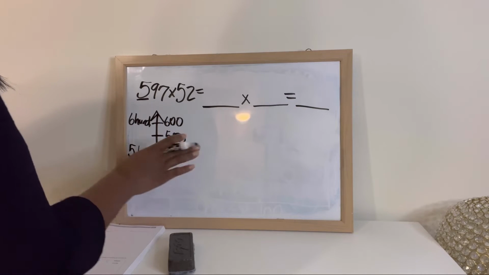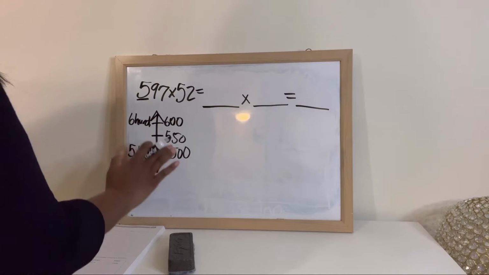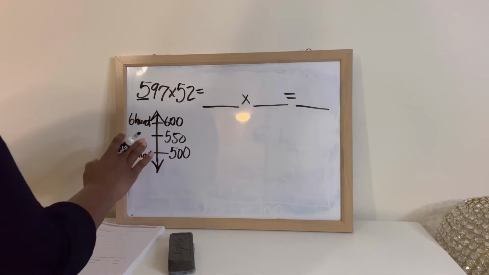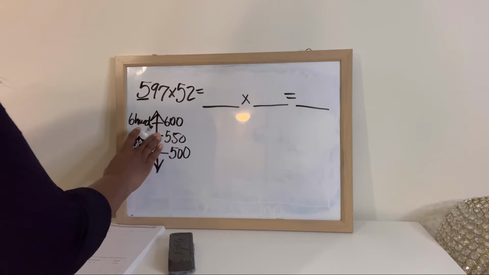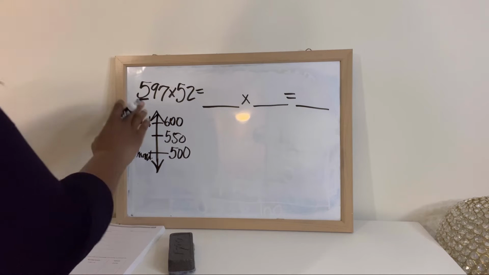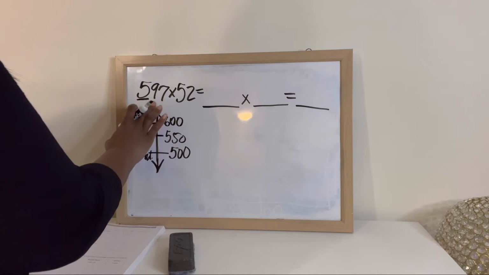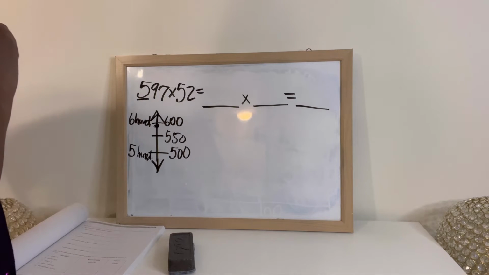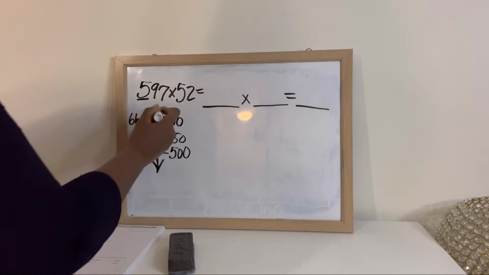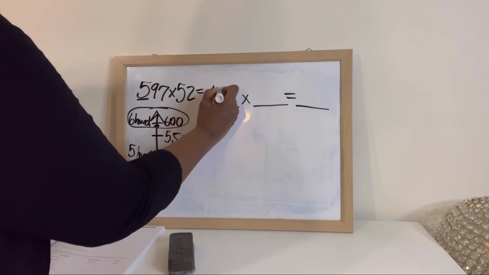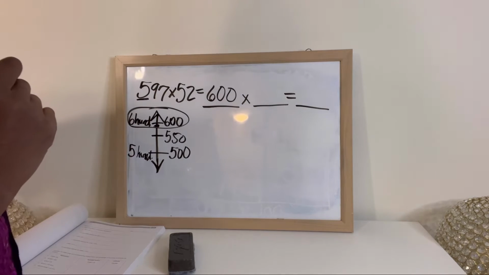Students learned that if it's at the half point or more, you're always going to round up. So 590 is going to fall somewhere right here, and 597 is going to fall there. That's going to cause us to round up to 600. So we're rounding our first number to 600.